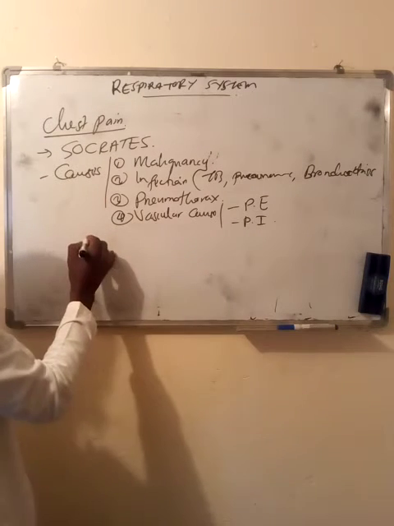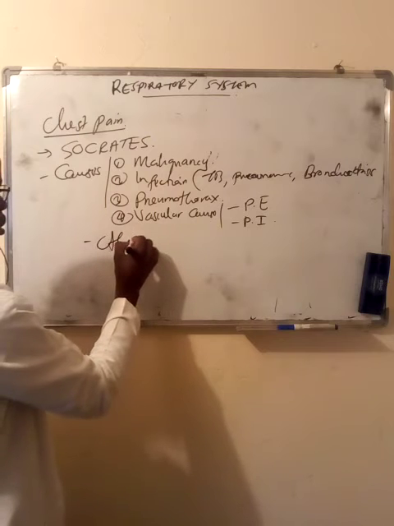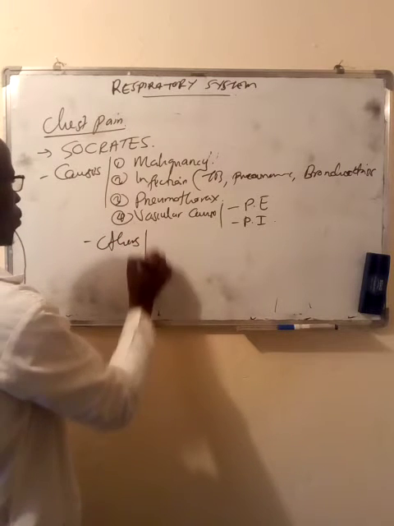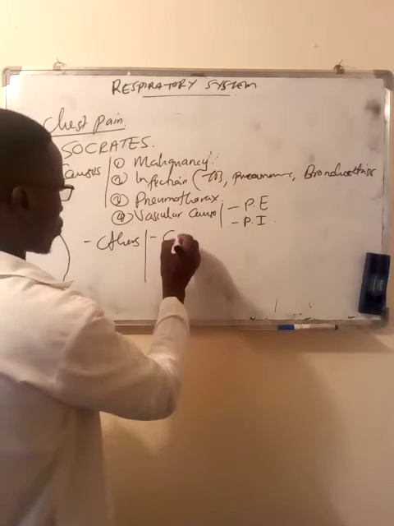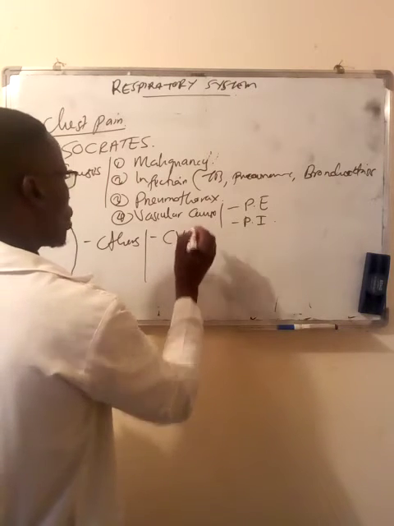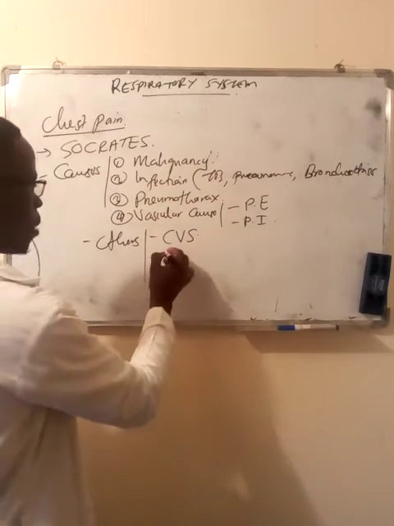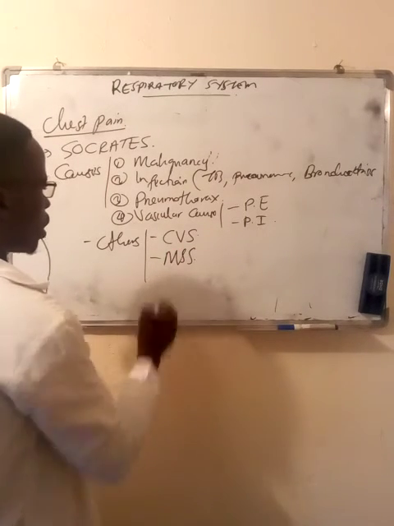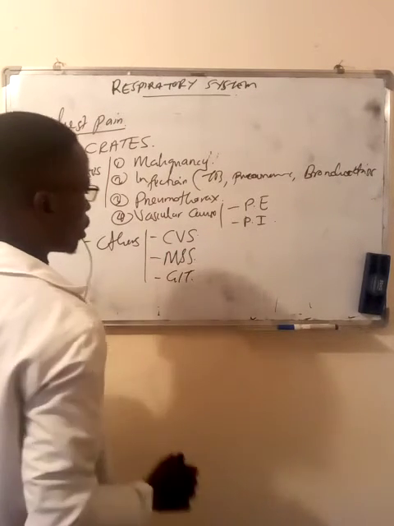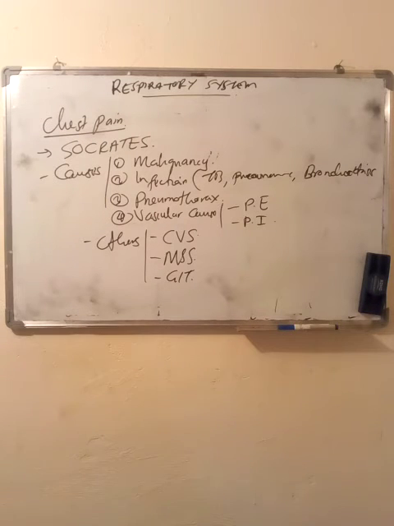Other systems, for example, can have CVS causes of chest pain. We can also have musculoskeletal causes of chest pain, as well as GIT causes of chest pain. Those are the causes of chest pain.